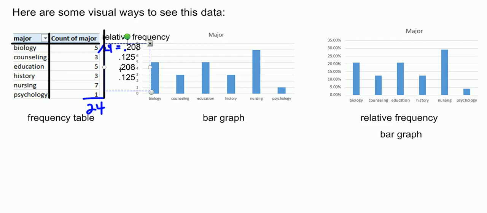And now 7 out of 24 is 0.291. Maybe I'll just bring these over to keep it more consistent. And then the last one, 1 out of 24 is 0.042. Okay, so I just got my calculator out and figured those out. You're just dividing by the total, dividing by the total, and so on.